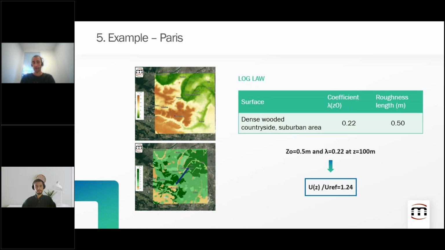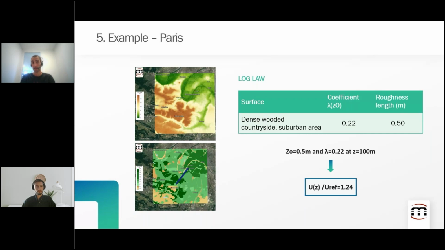Notice that here we have a change of roughness, which is not really as uniform as Marseille. On the bottom left image, you have different green colors. That's because you have open country, you have forest, you have city. So it's not really uniform roughness compared to Marseille.